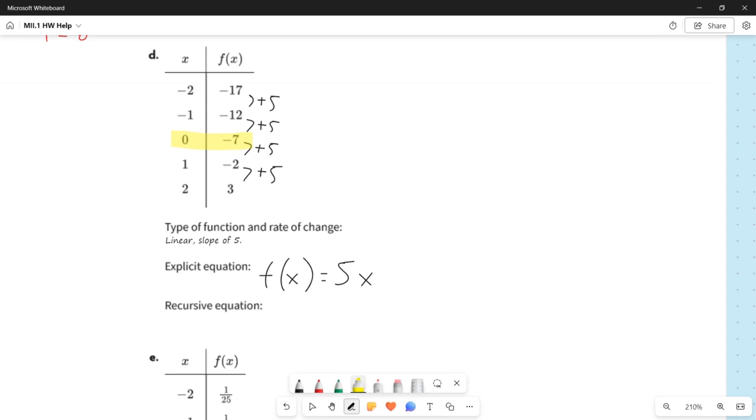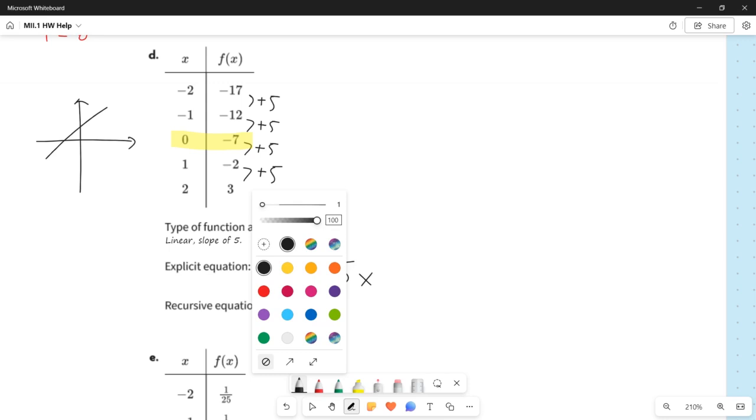The reason that's helpful is because when you plug in a 0, your result is the y-intercept. If you think about what a graph looks like on the coordinate plane, you have some function. When x equals 0, you are on the y-axis.